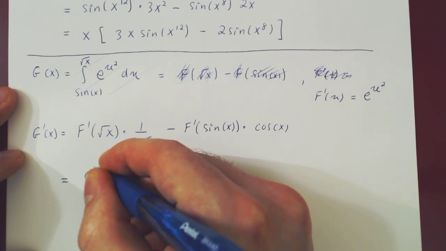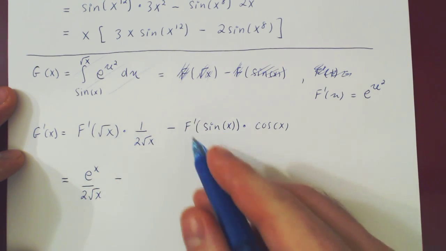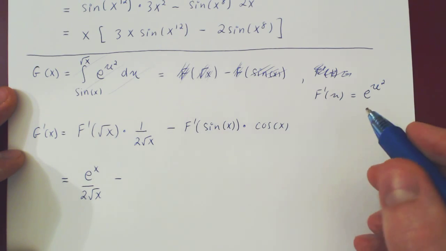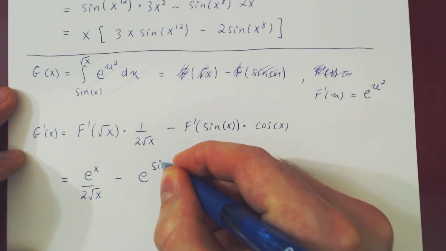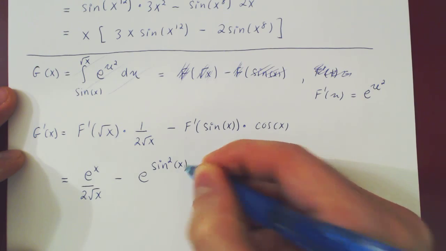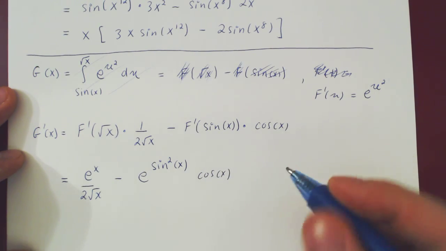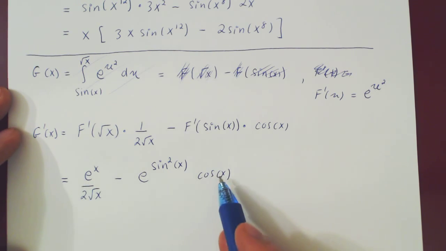So we have e to the x over 2 root of x minus f prime at sine of x, now replacing u by sine of x, e to the sine of x all squared, e to the sine squared of x, times cos of x. No common factor, we can't factor anything out, so that's it.